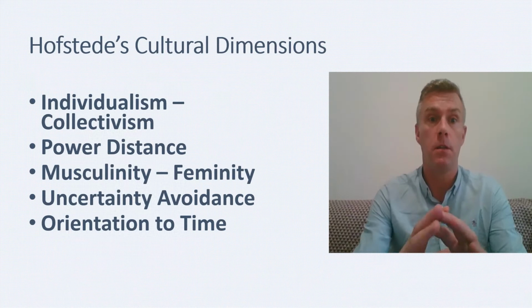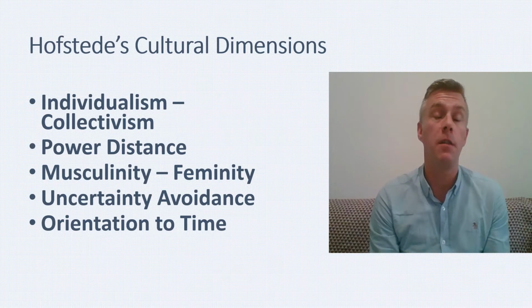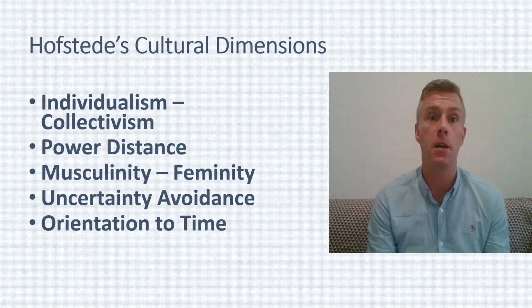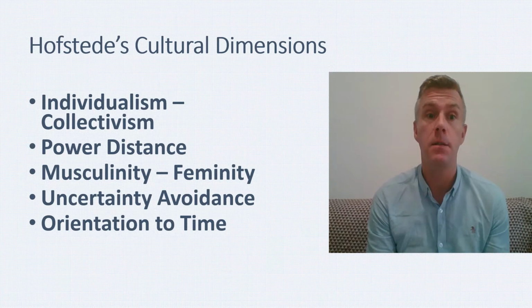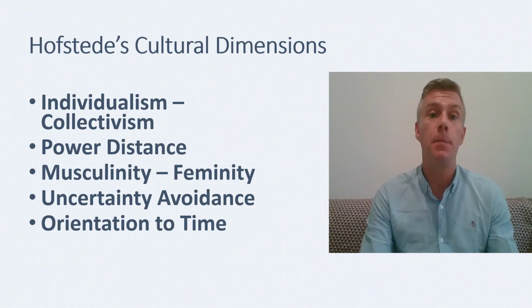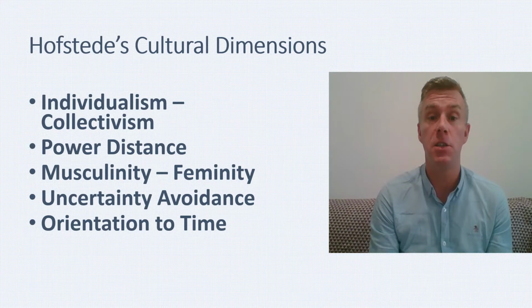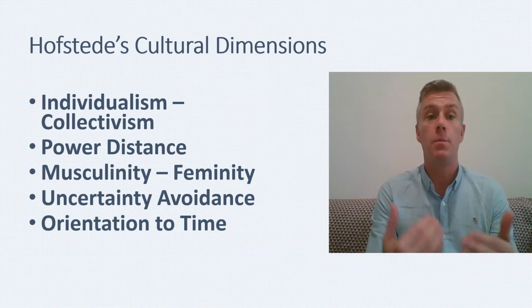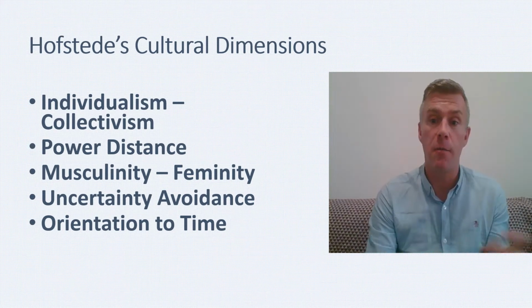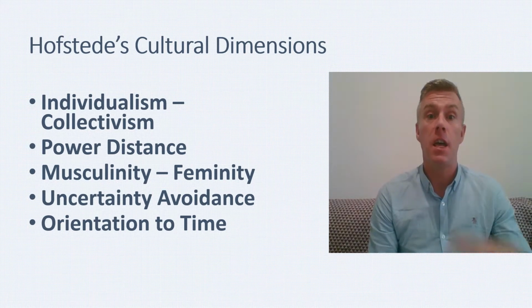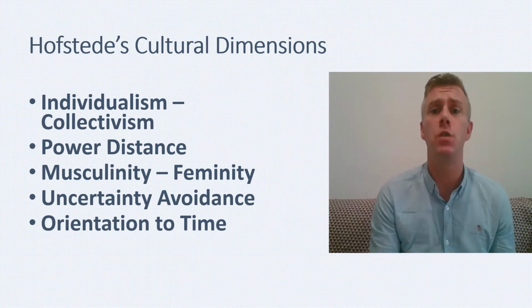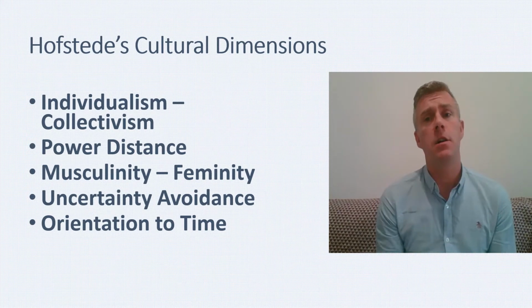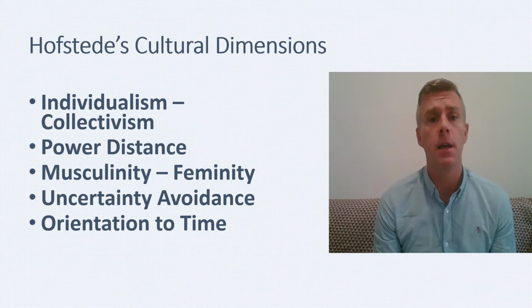Now, the theorist that I think really explains culture the best is Geert Hofstede, and he pioneered these cultural dimensions. It breaks culture down into 5 main categories. First, individualism versus collectivism. Some cultures are very individualistic, whereas other cultures are more collectivistic.